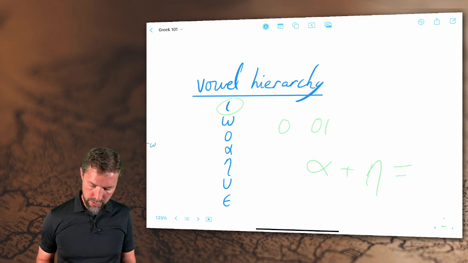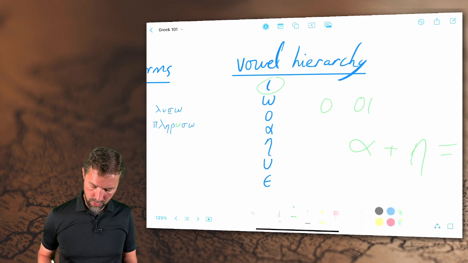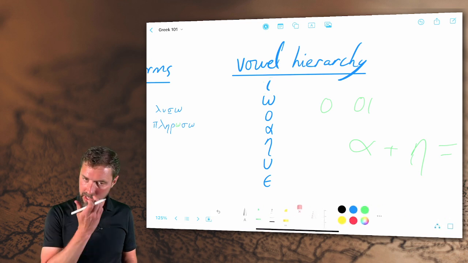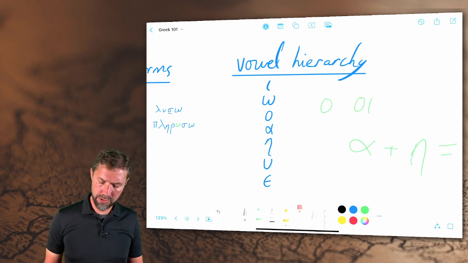When I get into the other form, my result's going to be eta iota subscript. Generally, that iota wants to jump down beneath. And I will call the iota here a strong form because it is going to be retained. You don't generally see those iotas vanishing off.